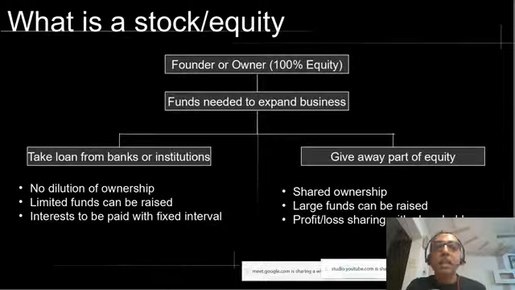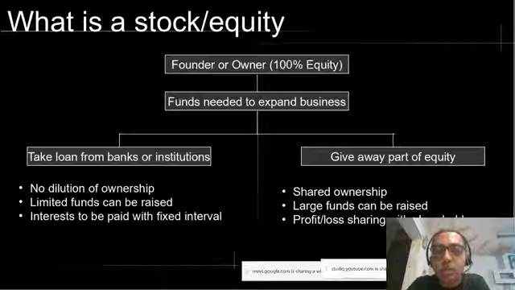So, what exactly is a stock, or many people call it an equity, right? If there is a business and that business owner wants funding, and that funding could be because of business expansion, customer requirements. A lot of customers are asking for the product, and that is where he or she wants to expand the business.